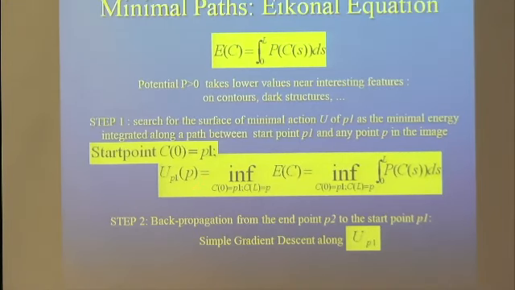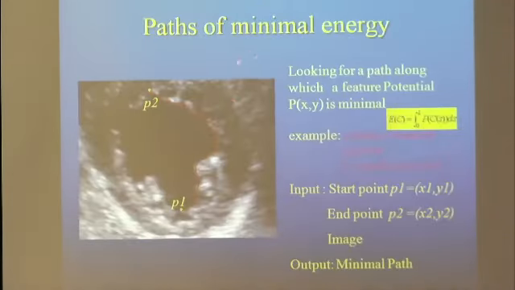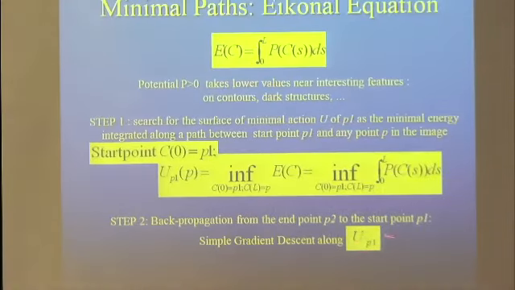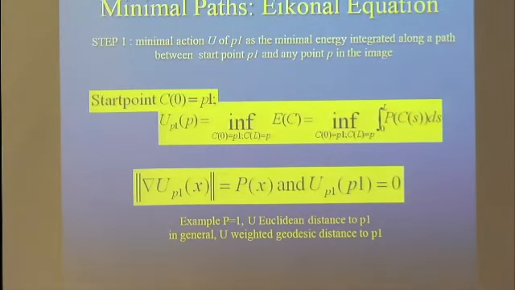And when you solve for U_P1, you can get a minimal path by a second step, back propagation, which means that from point P2, you make a gradient descent along U_P1, which we'll see illustrated in a moment. So the U_P1 as defined is this weighted distance satisfying the eikonal equation, norm of gradient U_P1 equals P, with boundary value U_P1 of P1 equals 0.